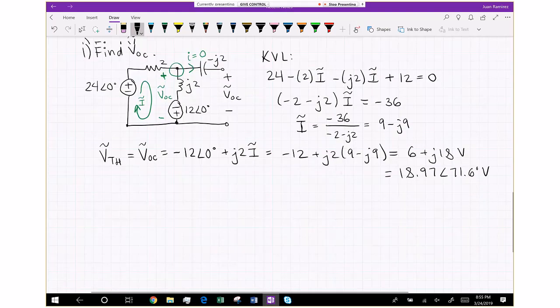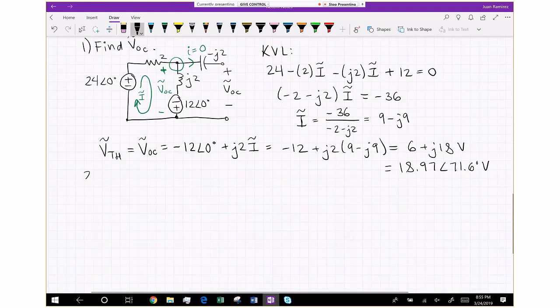Now let's take a look at the Thevenin impedance. To find that, you have to find the equivalent impedance at the load after turning off all sources. So I turn off that 24 volt source, I turn off the 12 volt source, and I analyze the circuit at the load terminals.